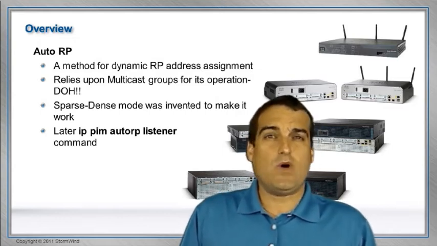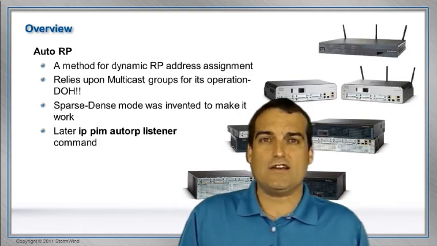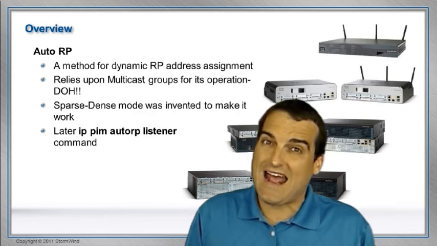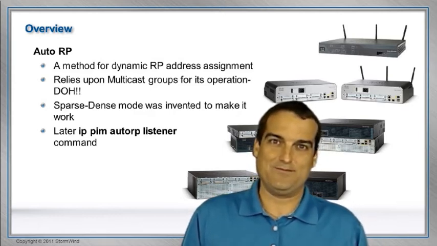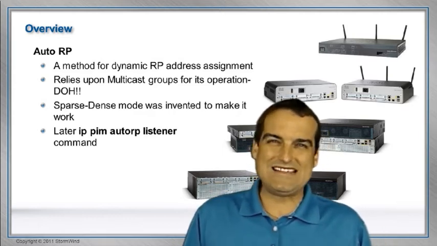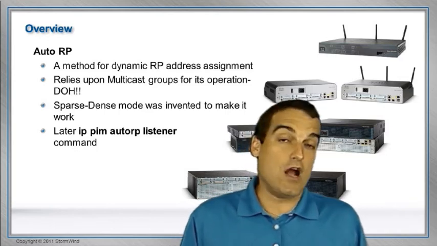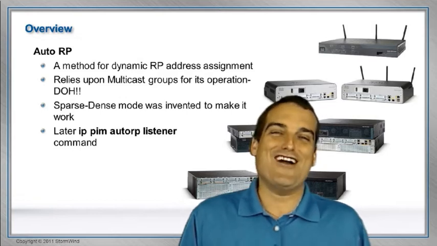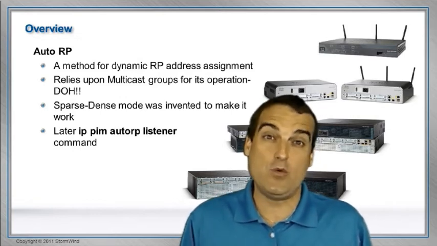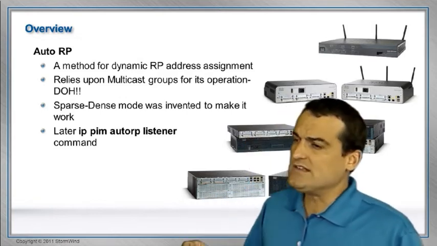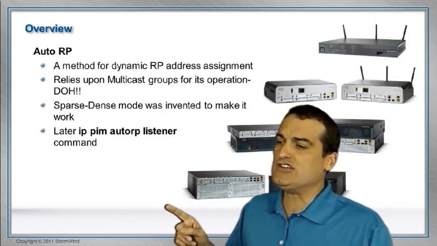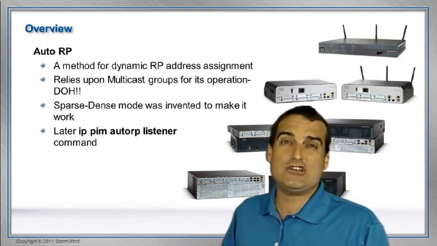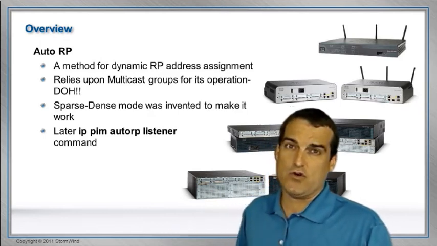So engineers, while excited at first about AutoRP and about sparse-dense mode, quickly became very aggravated with Cisco's solution. Cisco responded by saying, okay, look, run your sparse mode everywhere. That's fine. And we'll give you a command you can initiate on your multicast routers that will fix this issue just for the AutoRP groups.